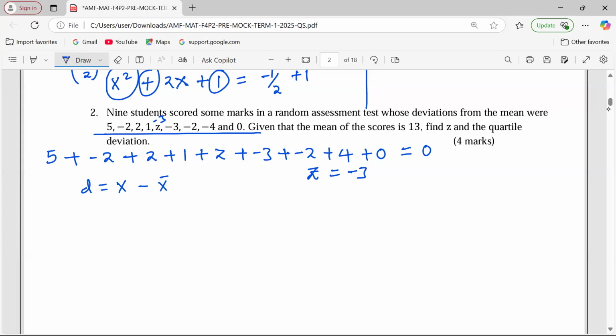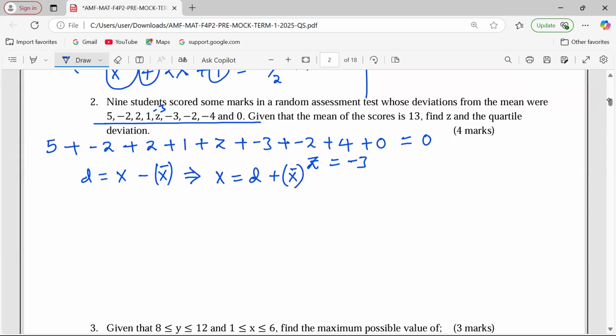The first student is deviating from the mean by 5 marks. And you know, this now means we can get the student's mark, so we can get back our x, which are the individual scores, by taking the value of each deviation and we add back the mean.